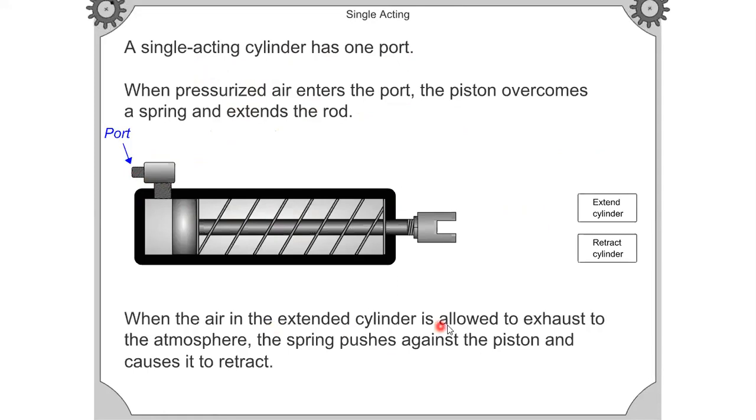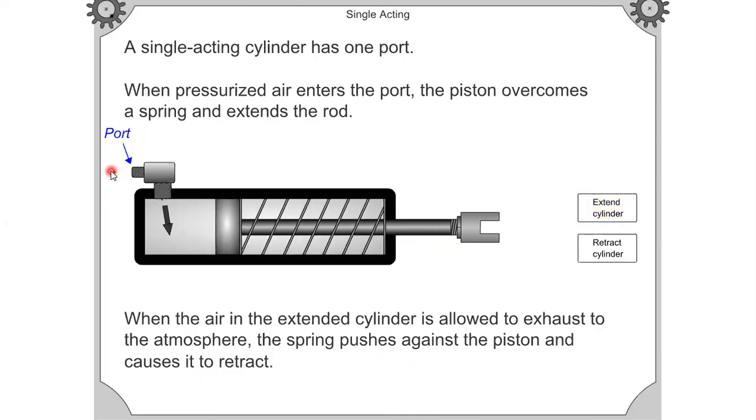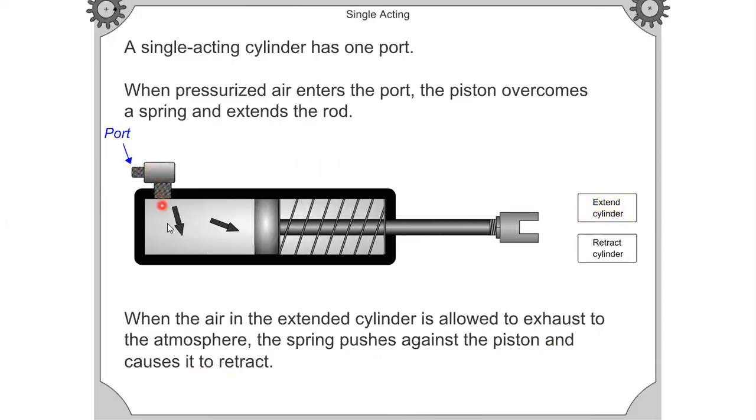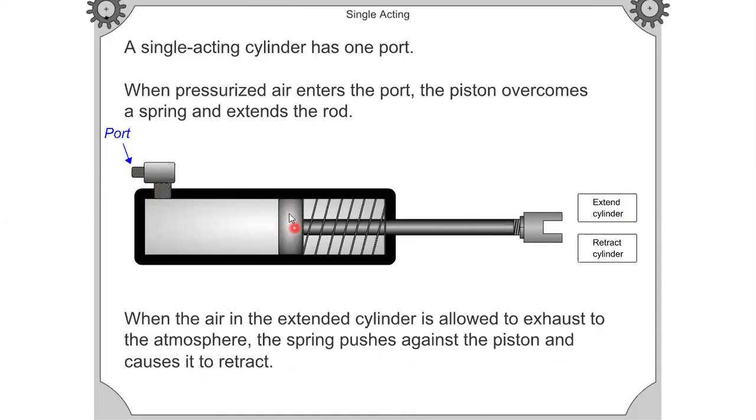When the air in the extended cylinder is allowed to exhaust to the atmosphere, the spring pushes against the piston and causes it to retract. So we will see how the cylinder is extended. Air will come into this port and push this piston. Then this spring gets compressed.